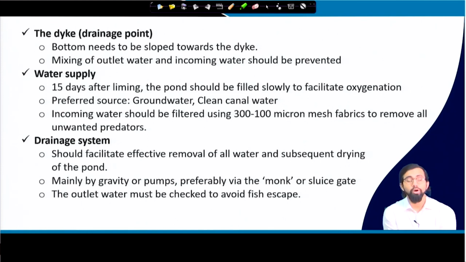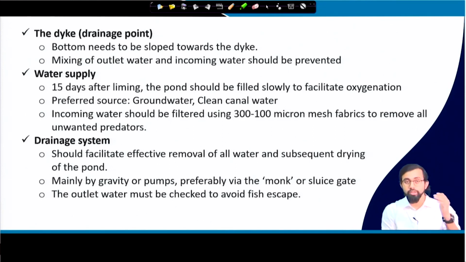Water supply: 15 days after the liming. Why do I need liming? Liming is a method that we normally use to prepare the land. It's very important. It has a drastic influence on the pond ecosystem.